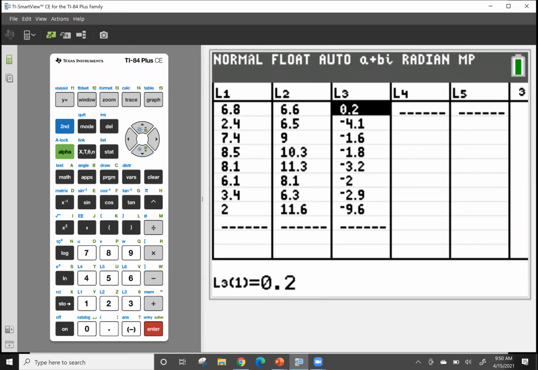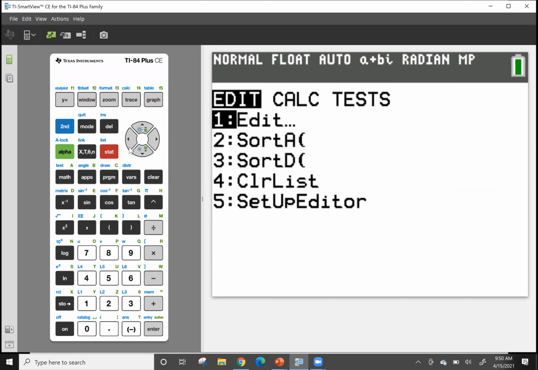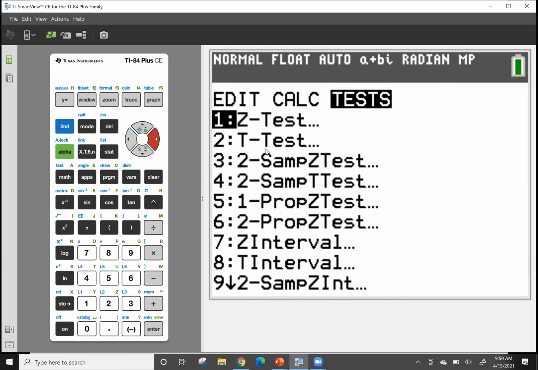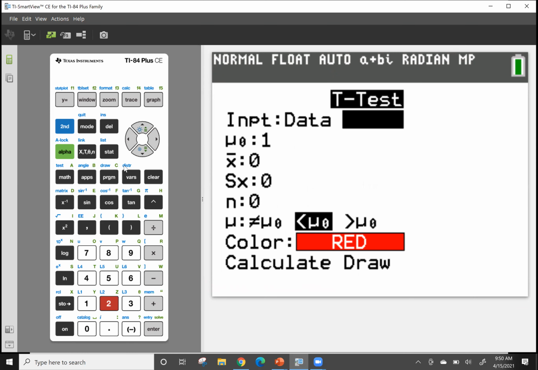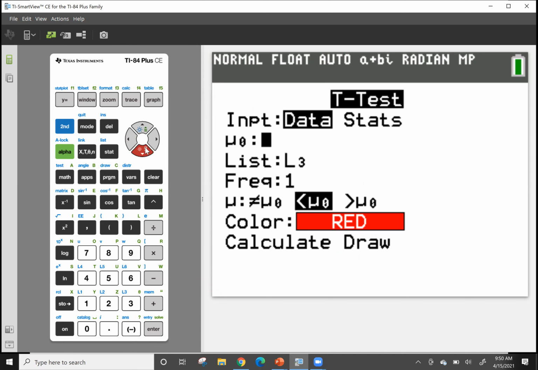Okay, so I'm going to get out of here. I'm going to go to my stats tests, and my t-test is number 2. Okay, and I'm going to use my data. And we're looking for, is the mean different than 0? Is that mean difference different than 0?